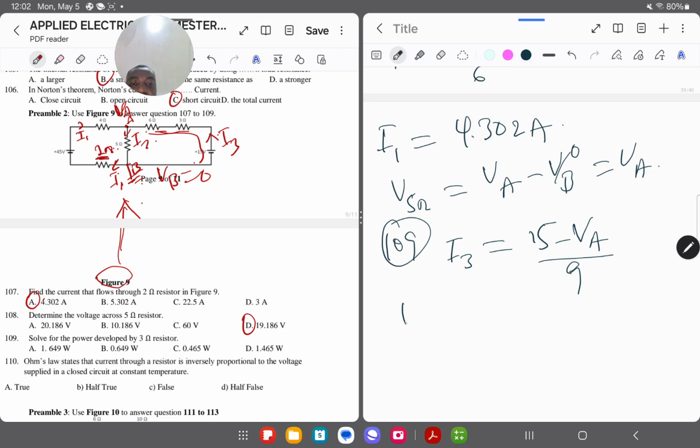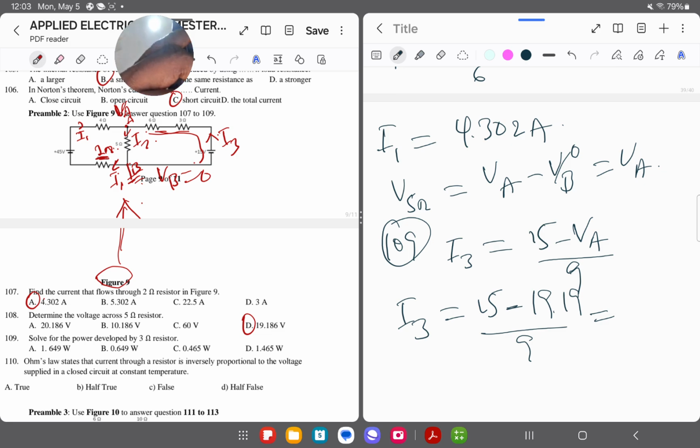So we have 9. So I3 will equals to 15 minus 19.19 divided by 9. That will give me minus 0.466 amps.